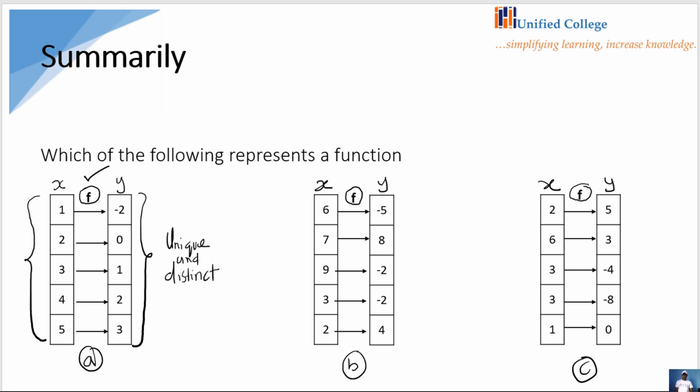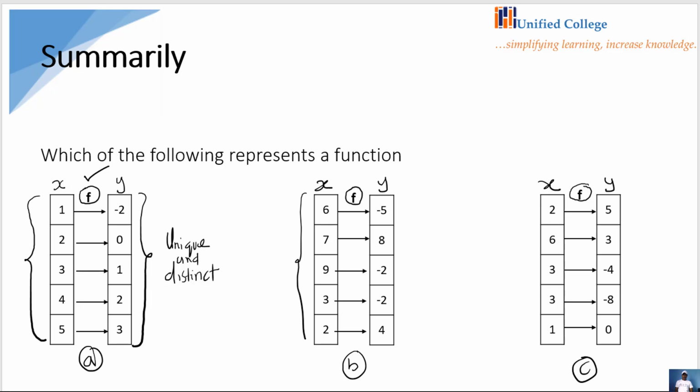If you look at the second example, where you have 6 mapping to -5, 7 mapping to 8, 9 mapping to -2, 3 mapping to -2 again, and 2 mapping to 4. Our concern is the input, which are the x values.